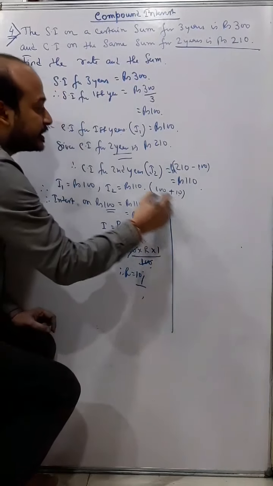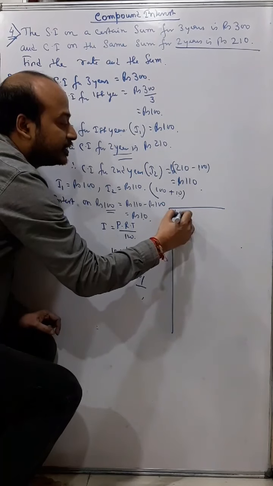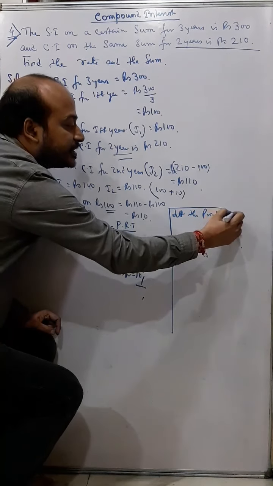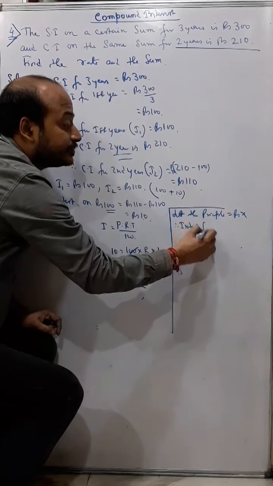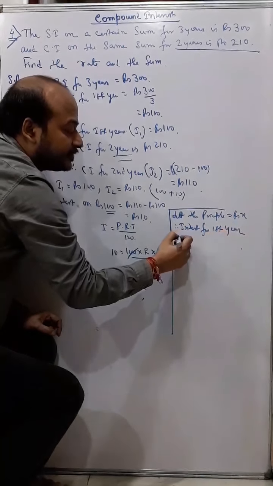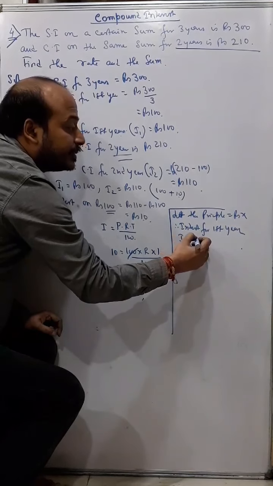And after getting rate as 10% now we can get the principal also, because I know interest for first year. So again I will do like this, let the principal be rupees X, and therefore interest for first year, that is I1, will be how much?